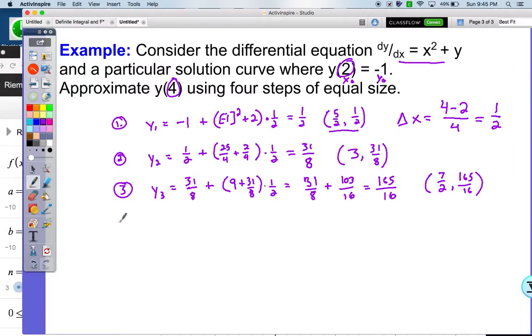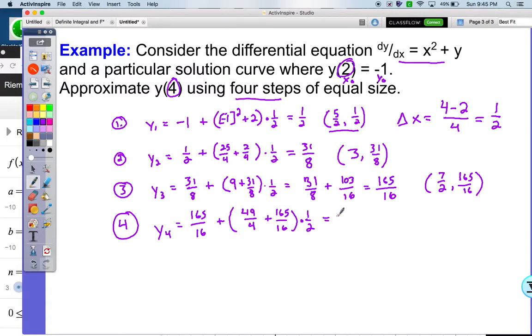So we've got one more step to get there, our fourth step, because it told us to do 4 steps, and it will tell you the number of steps. Y sub 4: our new y value, 165 over 16, plus our dy/dx at 7 halves, 165 over 16. 7 halves squared is 49 over 4, plus the 165 over 16, times our delta x, our step size, which is a half.